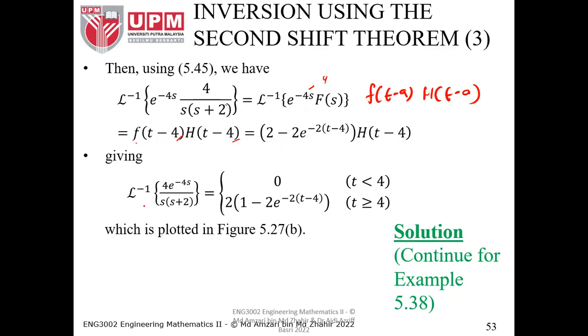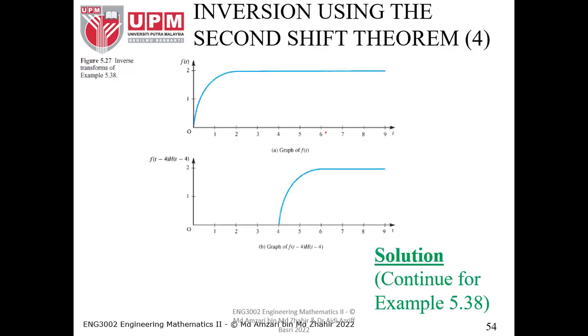In terms of this Laplace inverse, you will get the limit: for t below 0 it is 0, and for t above 4 it is 2(1 minus e^(-2(t minus 4))). So what happened here? The first graph shows the f(t) function. But what happens when you have t minus a, a delay of a, in this case 4?